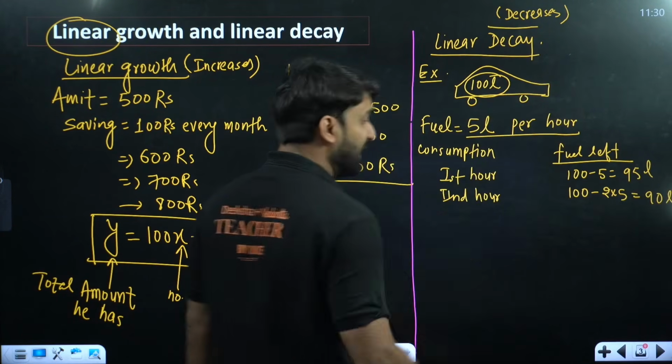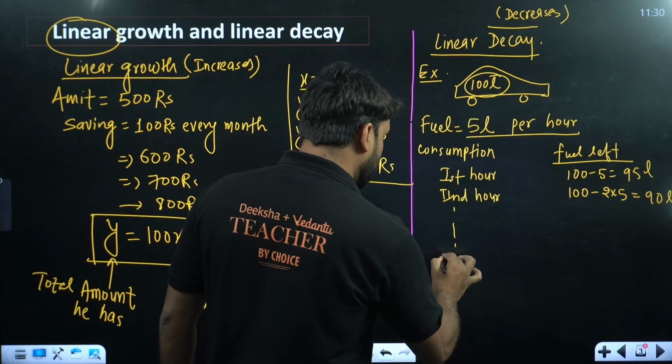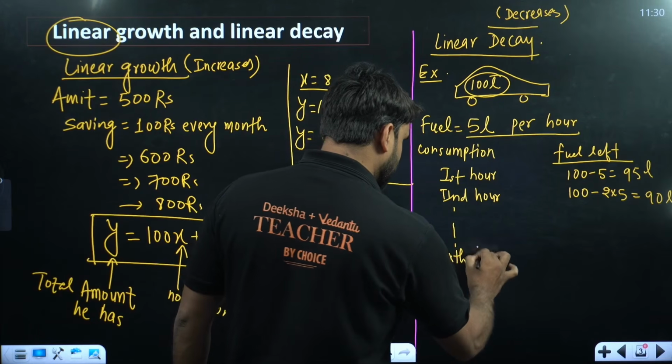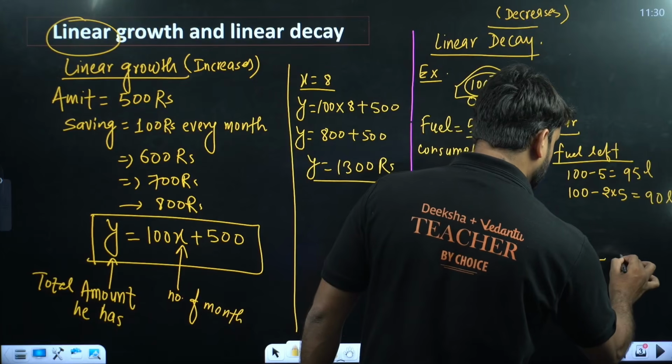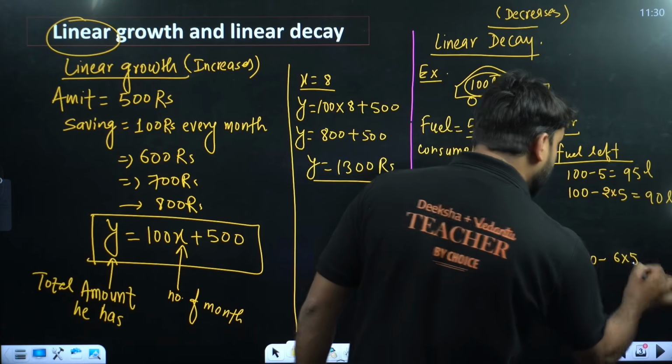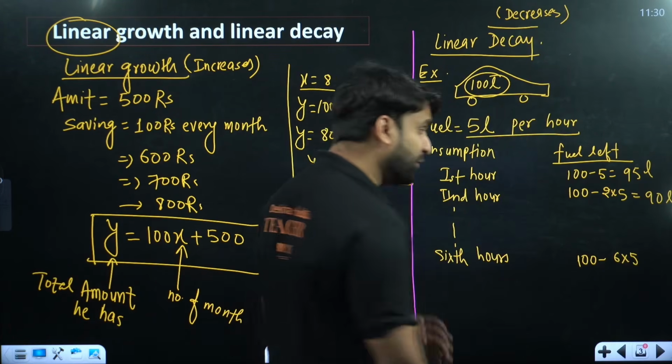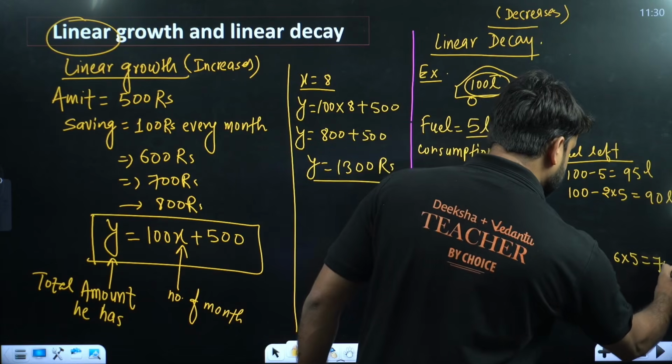So 100 minus 10 is equal to 90 liter. And similarly, if we go to the sixth hour, my dear champion, can we write 100 minus 6 into 5? Yes, and this will be equal to 70 liter.